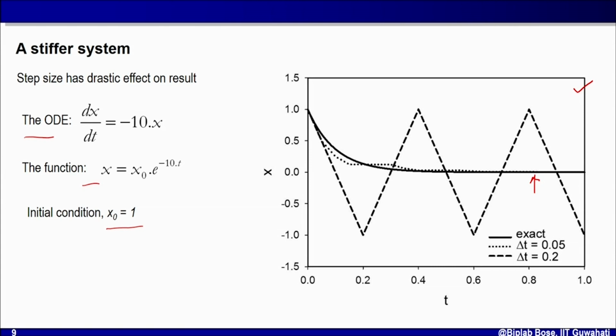I have not shown it here, but if you take delta t equal to 0.01 for Euler's method for solving this system, you will get a solution which will be very, very close, almost exactly the same as the analytical solution shown in the black line.